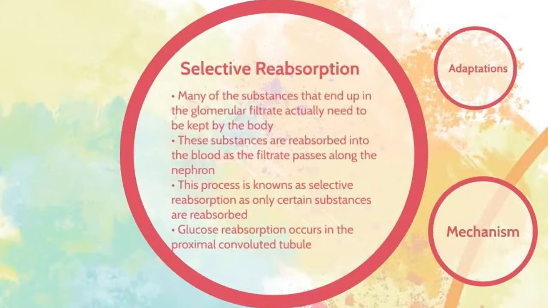So these substances are reabsorbed into the blood as the filtrate passes along the nephron. And this process is known as selective reabsorption, as only certain substances are reabsorbed. So glucose, for example, will be reabsorbed in the proximal convoluted tubule.